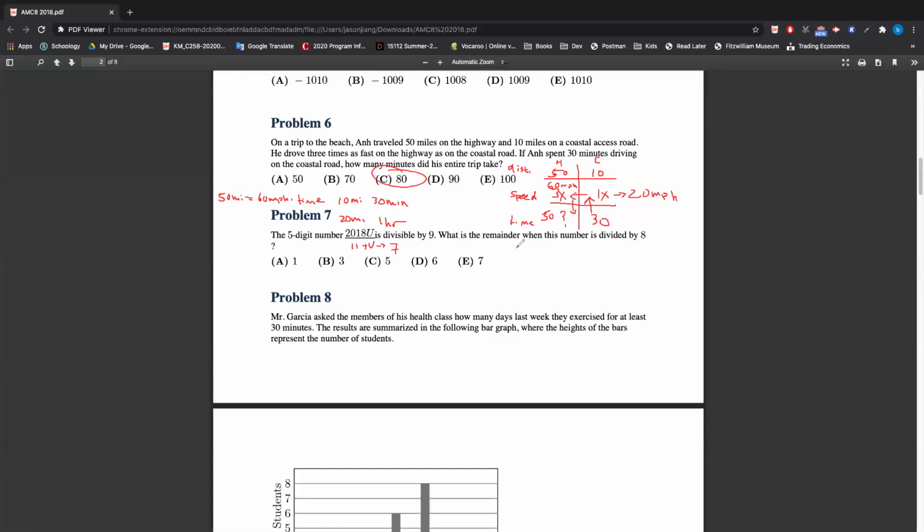Okay, so we know that the number is 20,187. And we just have to divide it by 8. I'm not going to care too much about the quotient because we're just looking for the remainder. So we would put a 2 up here. The 2 times the 8 would be 16. So it's just using long division to figure out what our remainder would be.